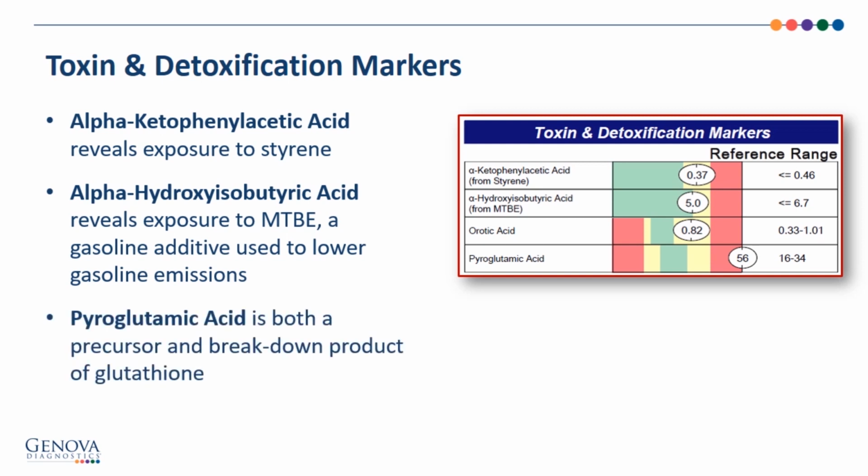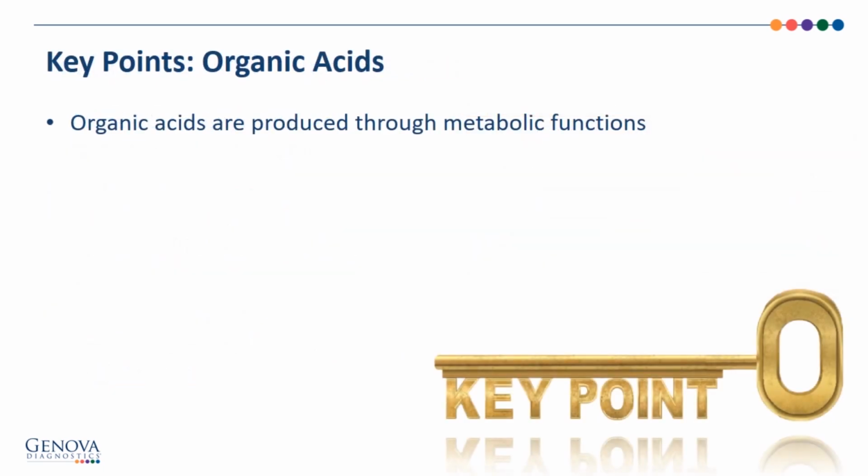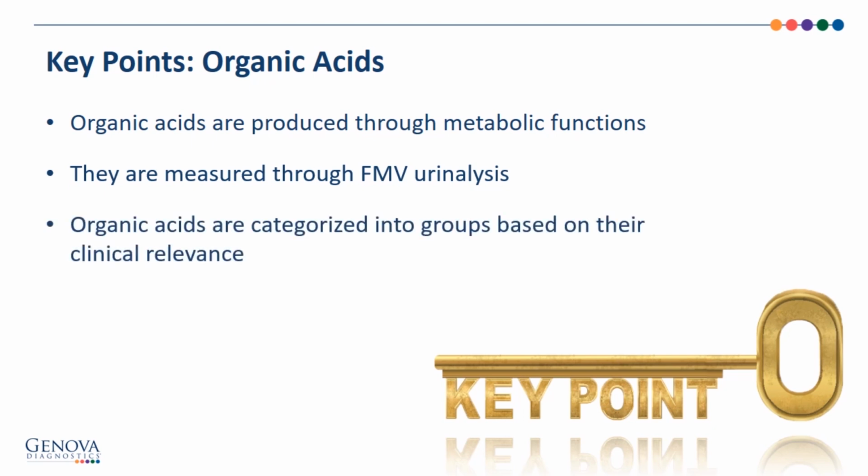Pyroglutamic acid is both a precursor and breakdown product of glutathione, an important antioxidant and detoxifier. Our key points for organic acids: organic acids are produced through metabolic functions. They're measured through first morning void urinalysis. Organic acids are categorized into groups based on their clinical relevance.